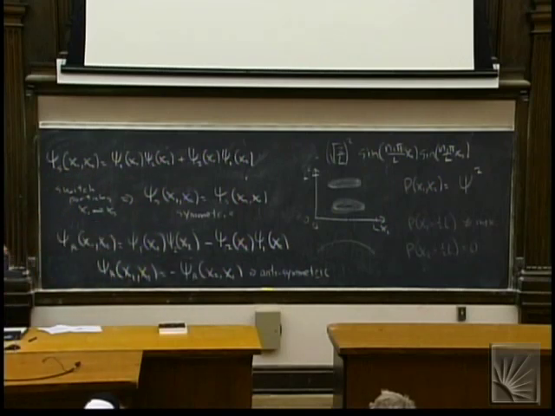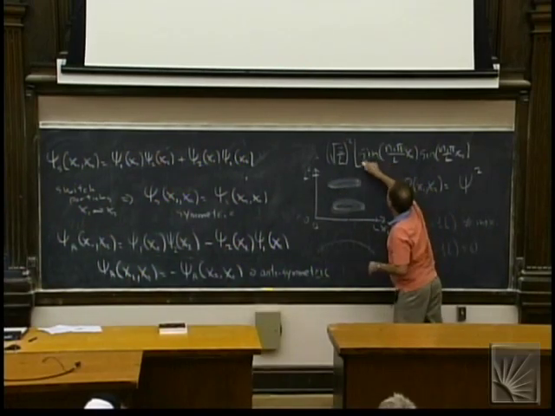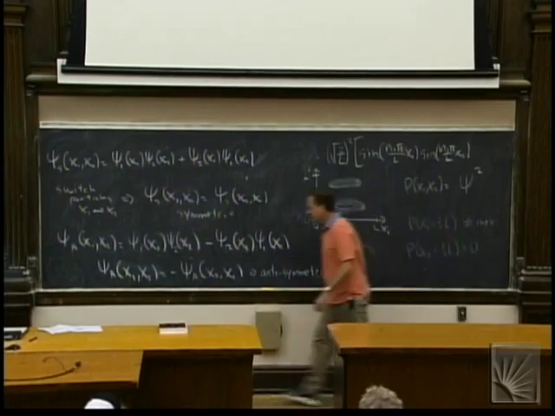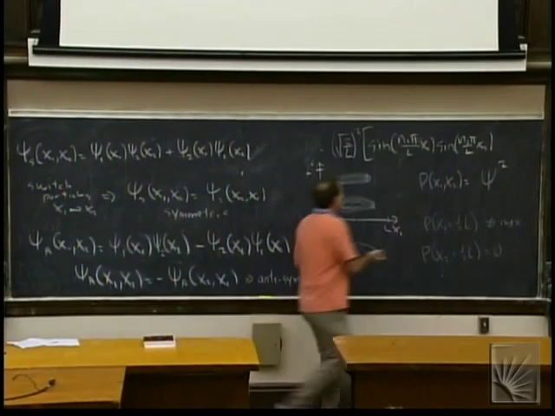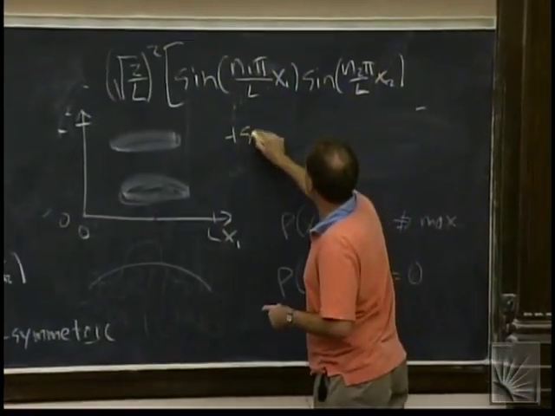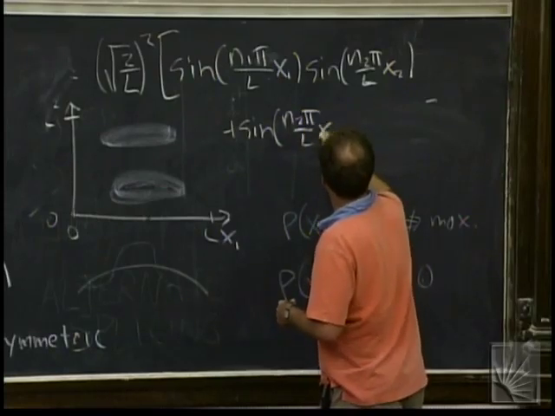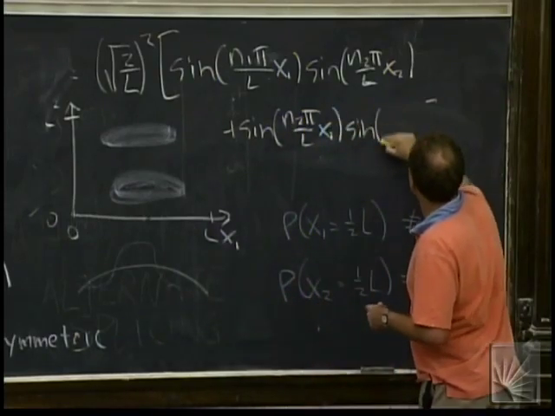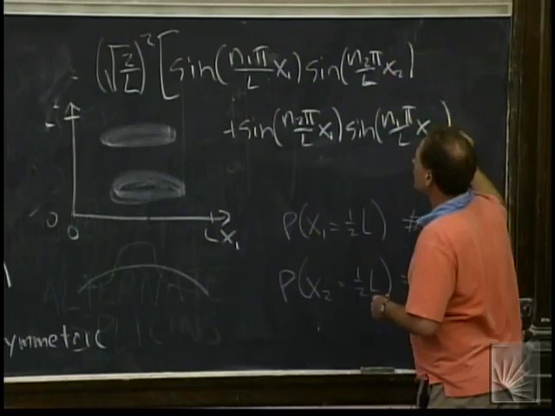So I could take this guy, and this should have been modified by taking that and adding to it the reverse: sine n2 pi over L x1 sine n1 pi over L x2.